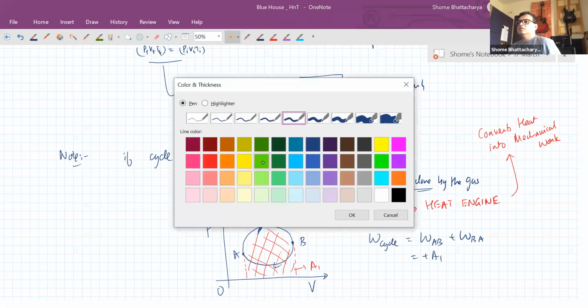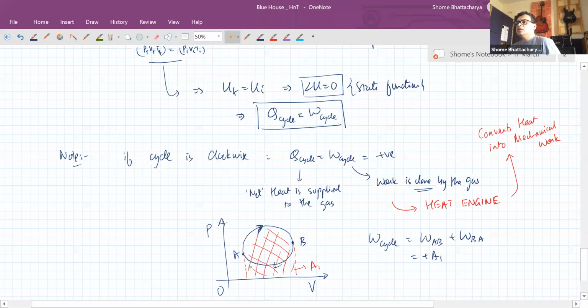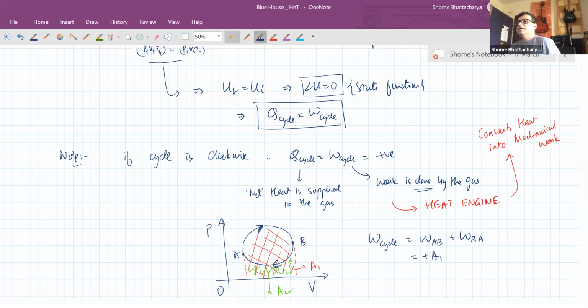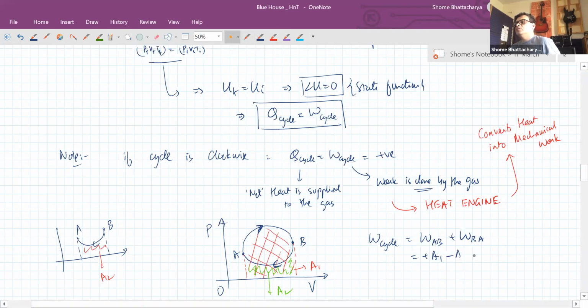Whereas if we consider B to A, it's a compression. So it will be the area enclosed by the lower graph going from B to A, and this area will have a negative sign. If this green colored area is A2, the area enclosed by this graph from B to A, just this part, then this is going to become minus A2.